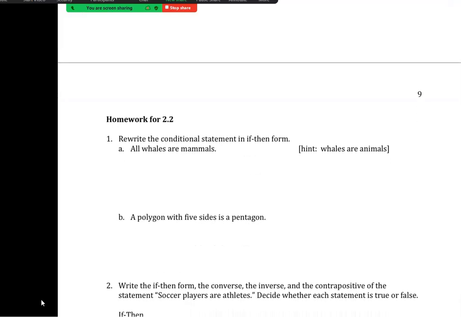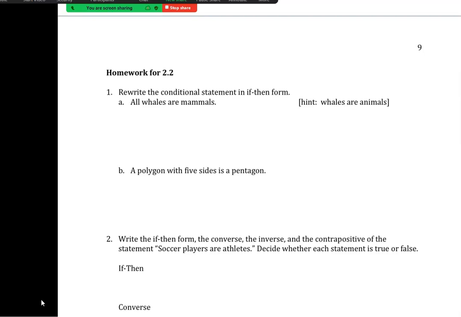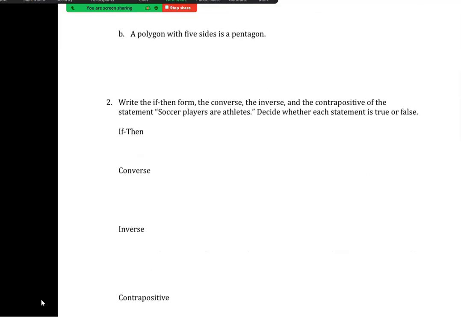Okay, look at the homework. Here you're going to rewrite the conditional statement as an if-then. So you can say, if I am a whale, then I am a mammal. Think about that. Write if-then.